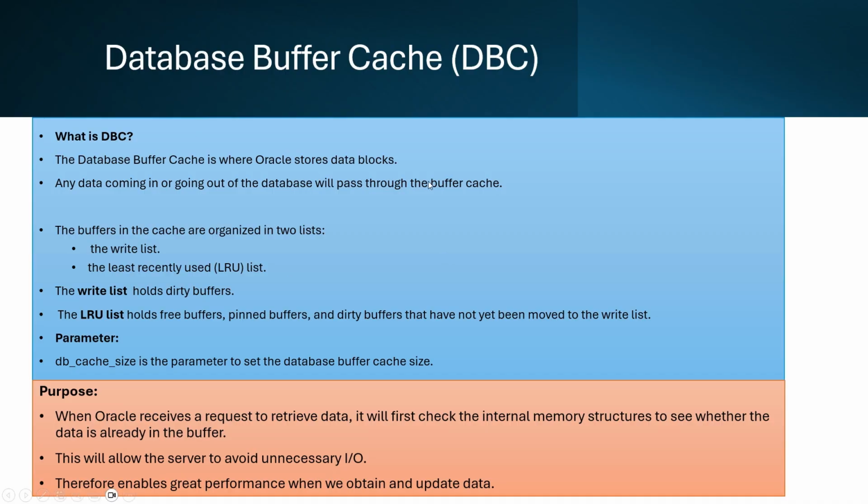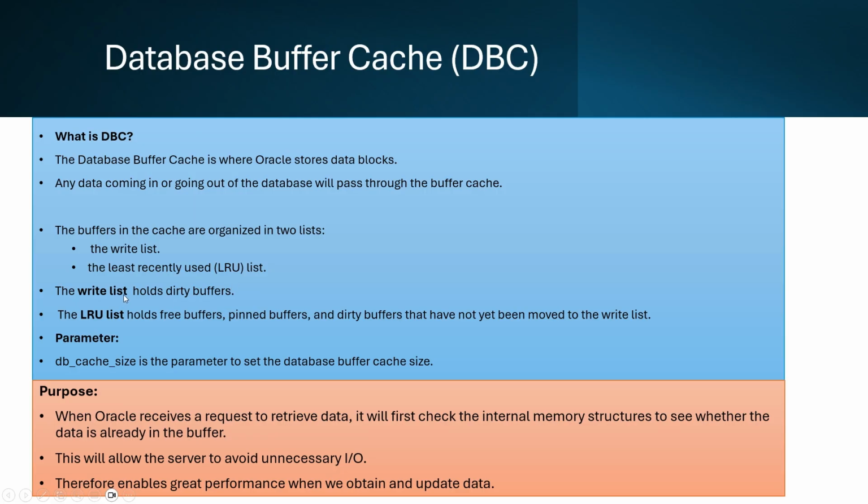So this is the buffer cache. It has two lists, the write list and the LRU list. The LRU list has free buffers, pinned buffers and dirty buffers before they move to the write list.